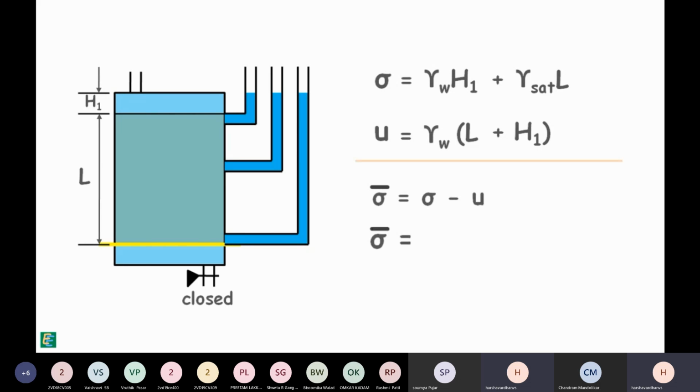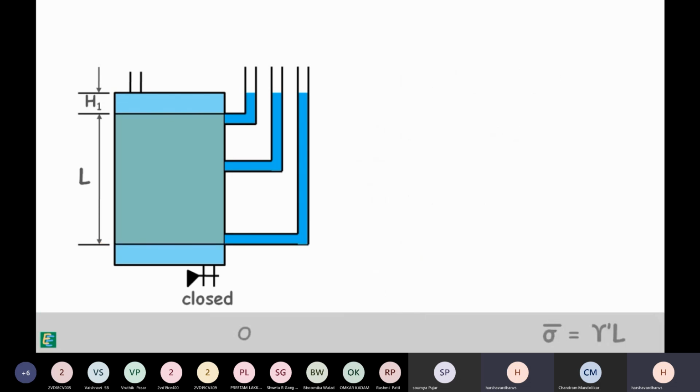Hence, effective stress can be calculated as this. And this quantity is submerged unit weight of soil. These are the effective stresses at top and bottom of the soil when no seepage occurs in the soil.